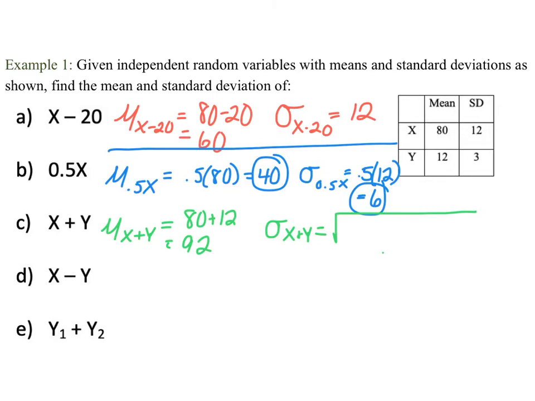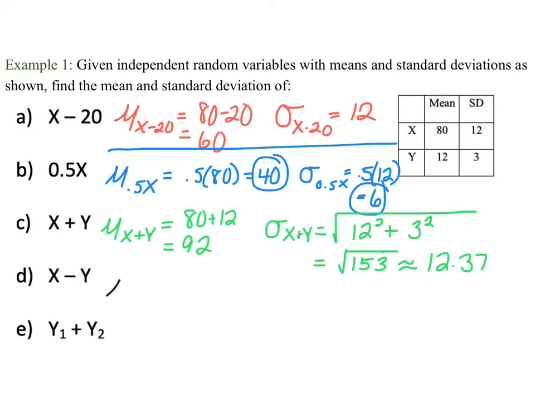I can't just add two standard deviations. So the variance of x would be 12 squared, plus the variance of y would be 3 squared, and then I'm taking the square root to get the standard deviation. So this would be the square root of 144 plus 9, which is 153. Throw that in the calculator, and I get approximately 12.37, which makes sense. I'm combining two random variables, so I would expect my standard deviation to grow somewhat.